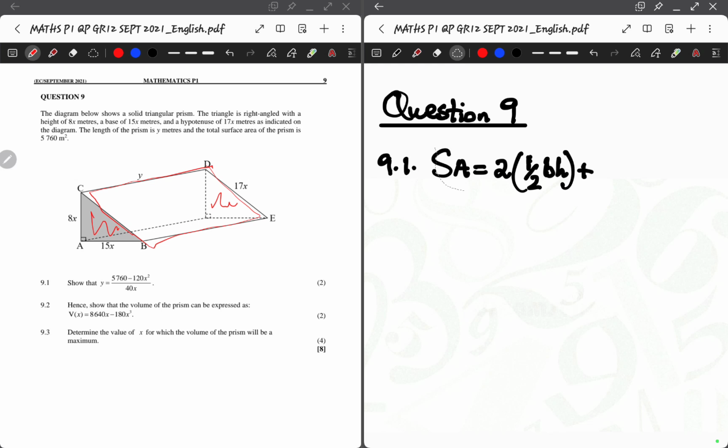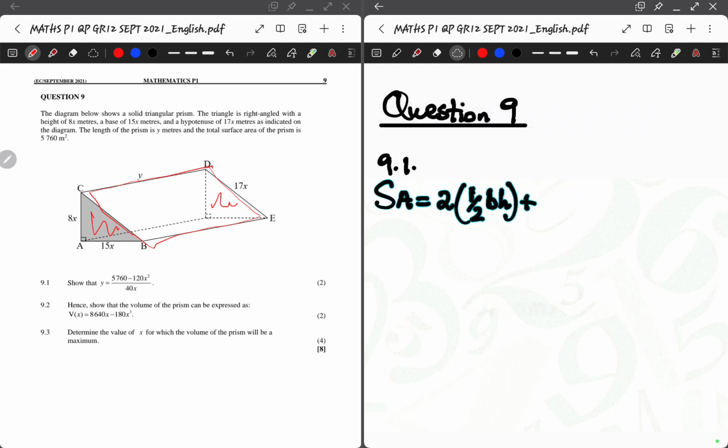That will be y times 17x, and you have y times 15x, this one.